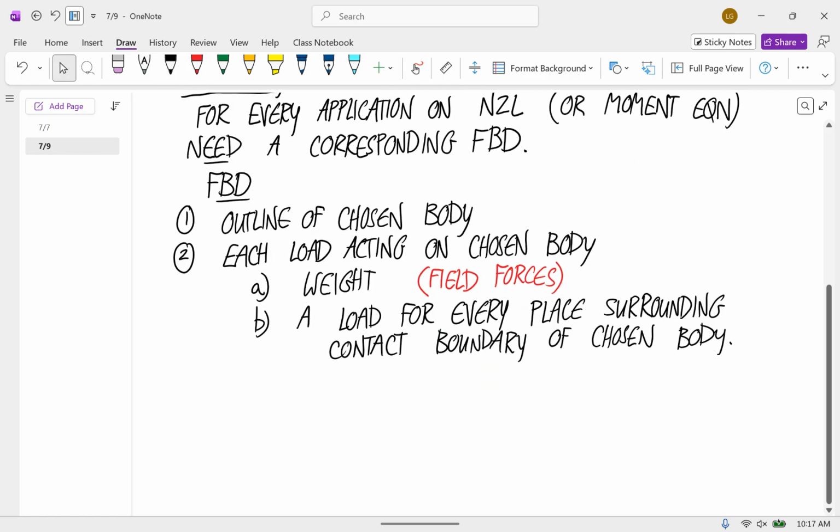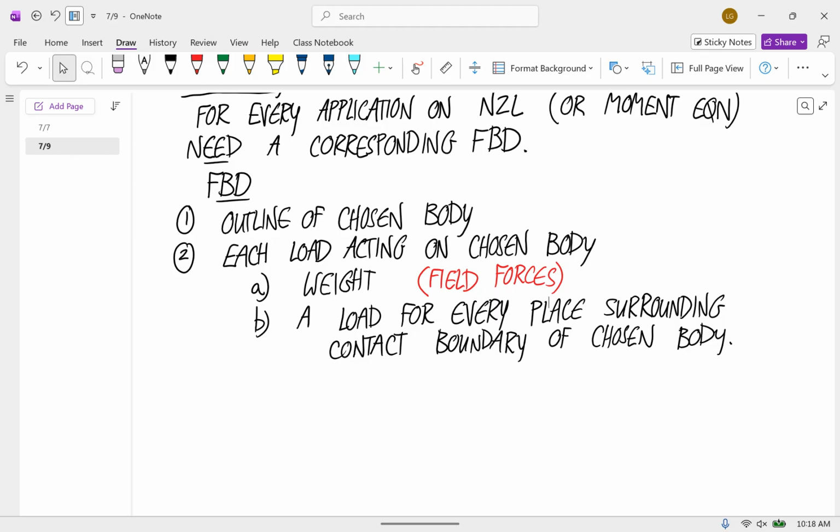Okay, so what you can do for your free body diagram, things are going to get really complicated looking, but you can simplify it in your head if you just say, okay, here's my outline. Now I'm going to apply the weight to it, a downward force applied by gravity. And then I'm just going to go mentally around the entire boundary, looking for places where the surroundings make contact with that boundary.